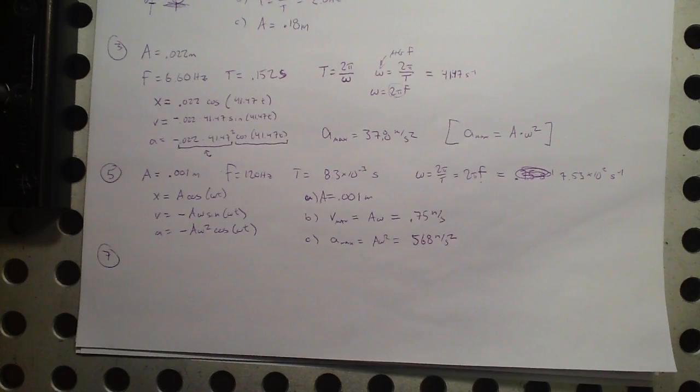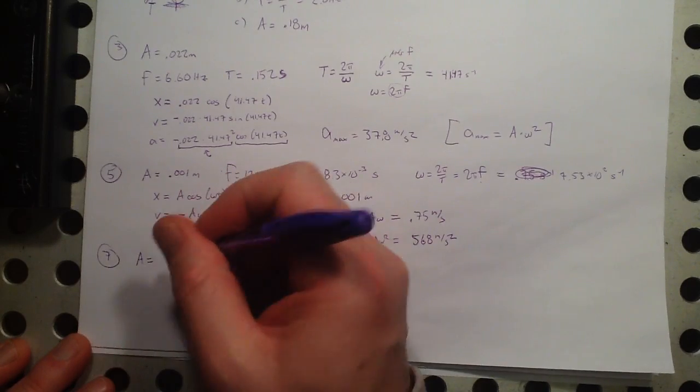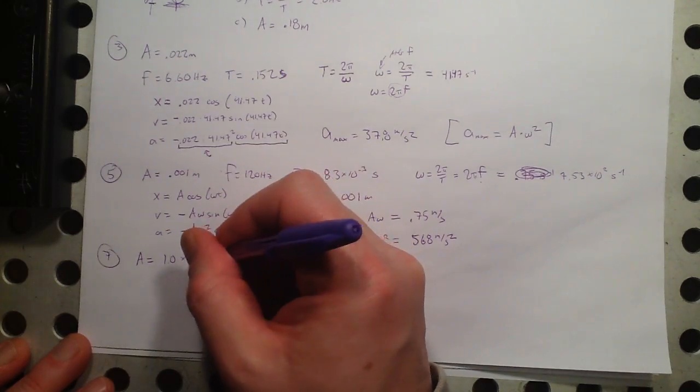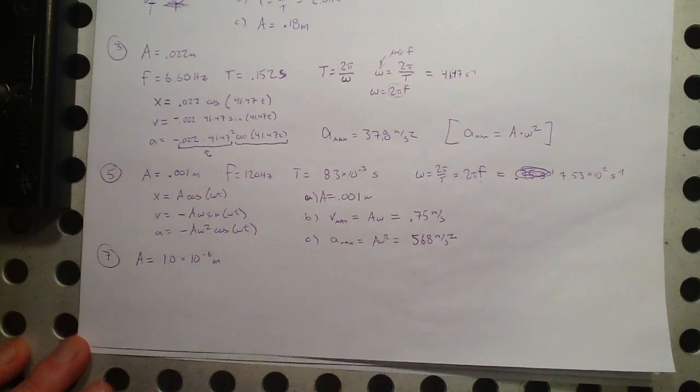Okay, so number 7. A loudspeaker produces a musical sound by means of the oscillation of a diaphragm whose amplitude is limited to 1 micrometer. So 1 micrometer is 1.0 times 10 to the negative 6 meters.